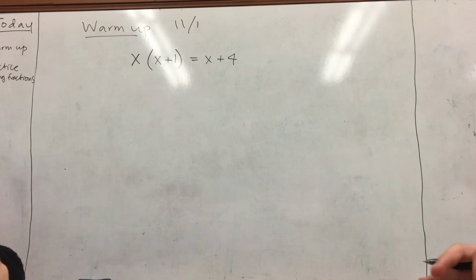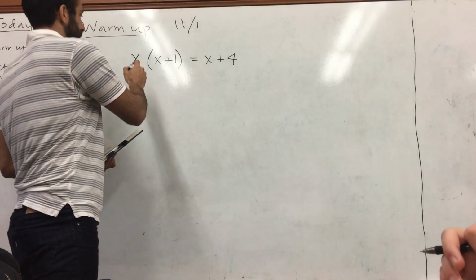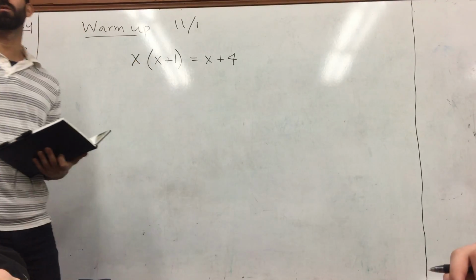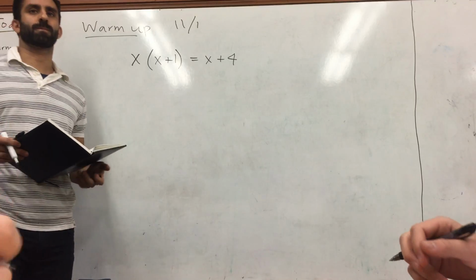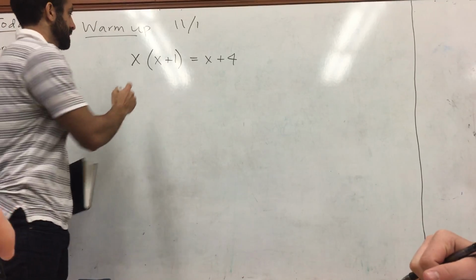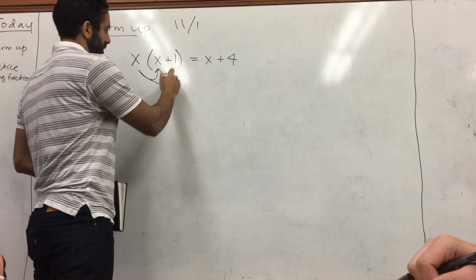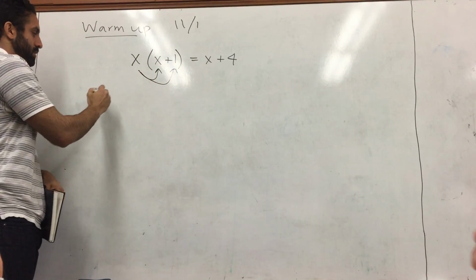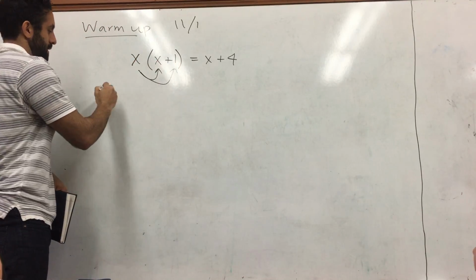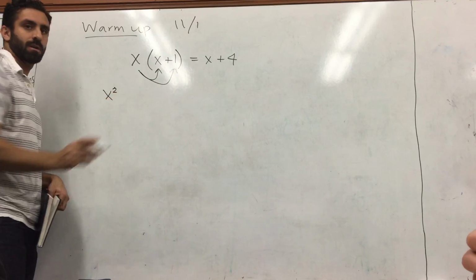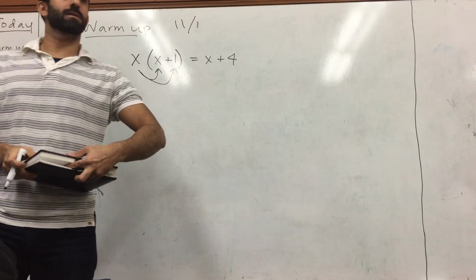The process here is the same, okay? What's the first step? X squared. All right. Okay, Mac, does that answer your question? This first part right here is going to become this. Okay, is everyone okay with that?